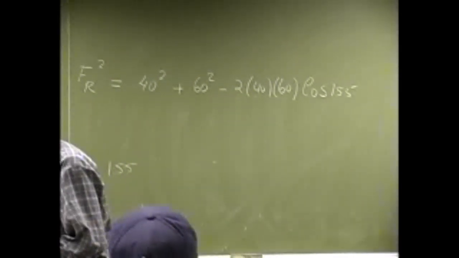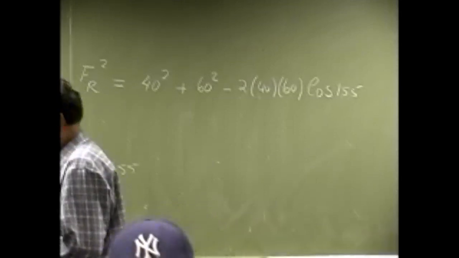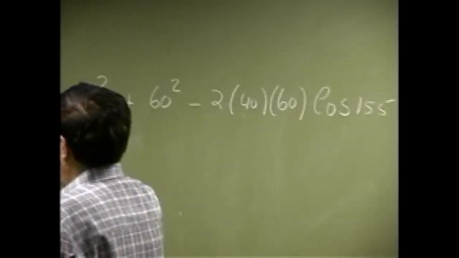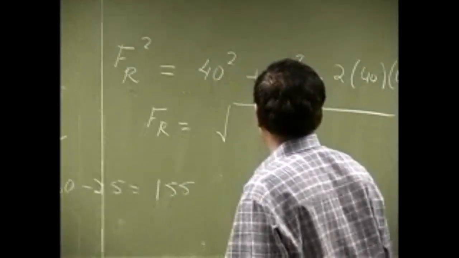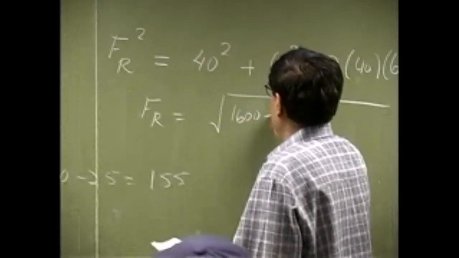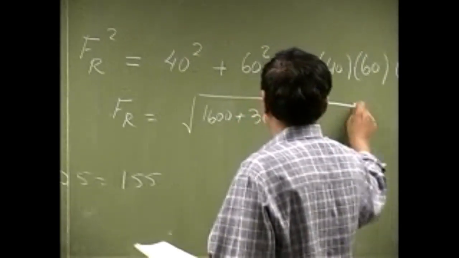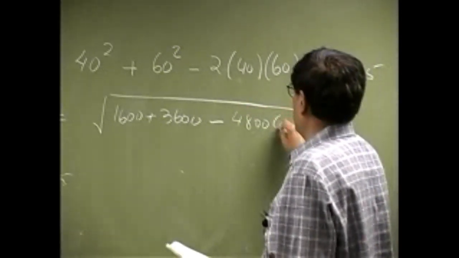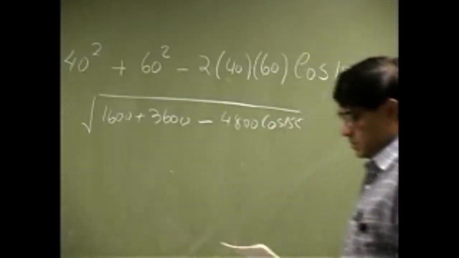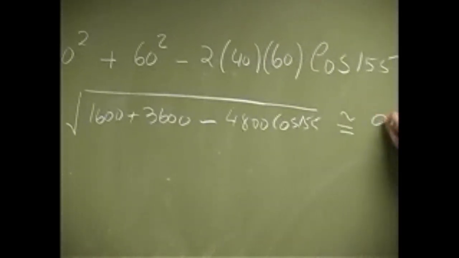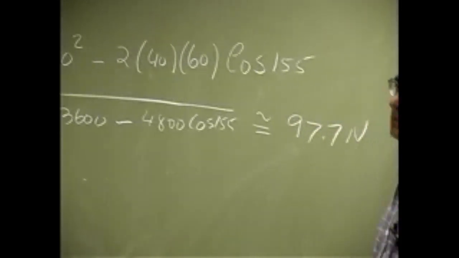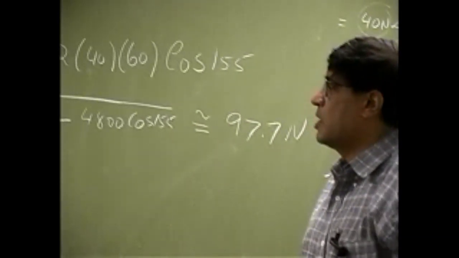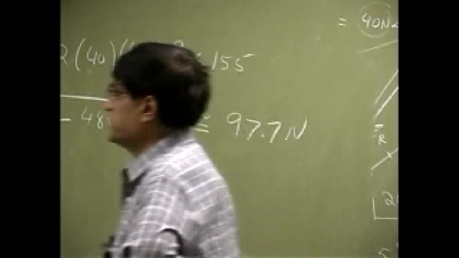And the resultant force FR will be the square root of, let's say, 1600 plus 3600 minus 2400, that is 4800, cosine 155. This is going to be approximated as 97.7 Newton. So that's what gives you the magnitude.